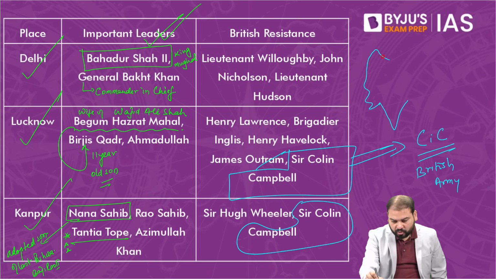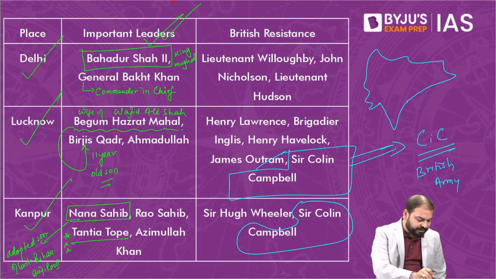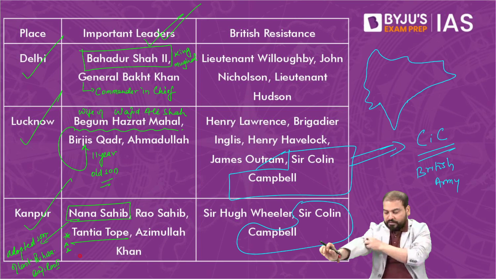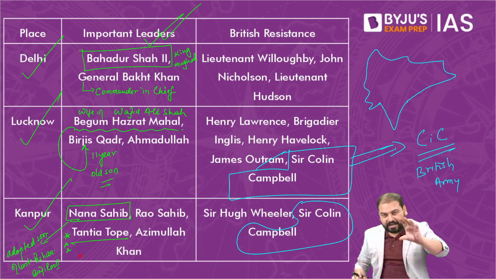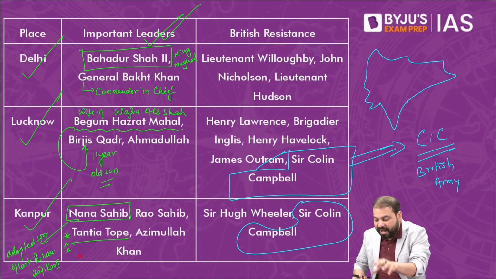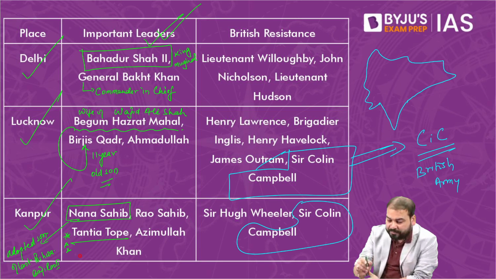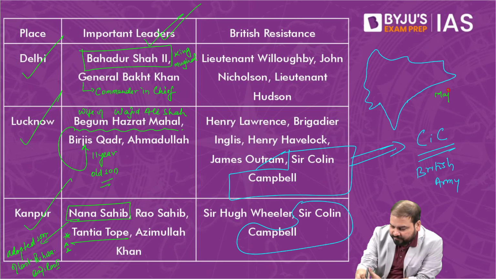Everyone, how many of you have this NCERT class 8 with you? Those who have, in class 8 NCERT, there is a map given. In the map, the major and the minor centers of the revolts are given.